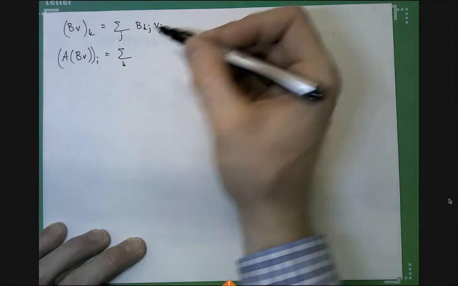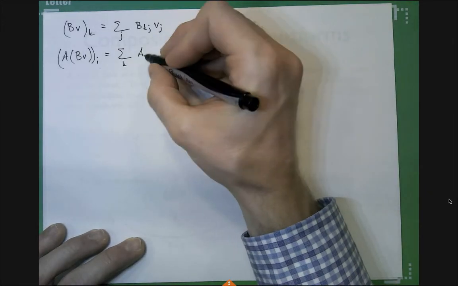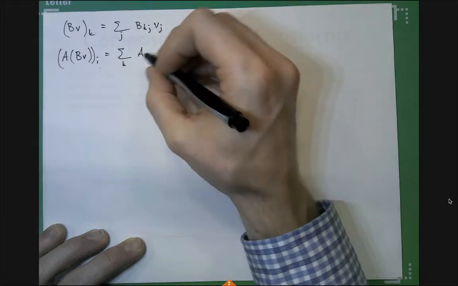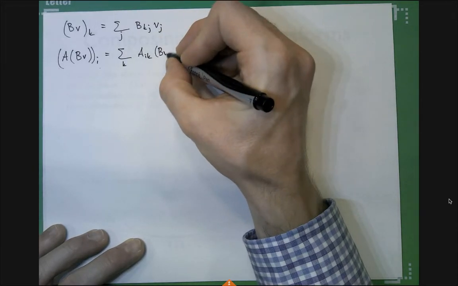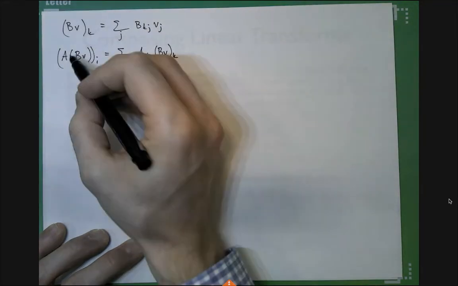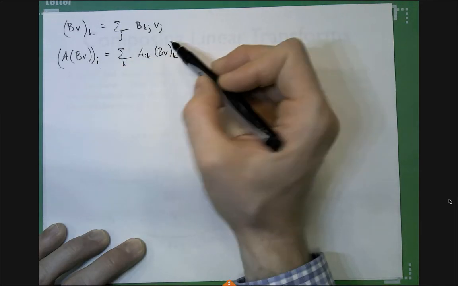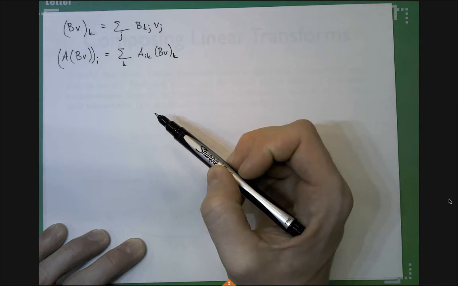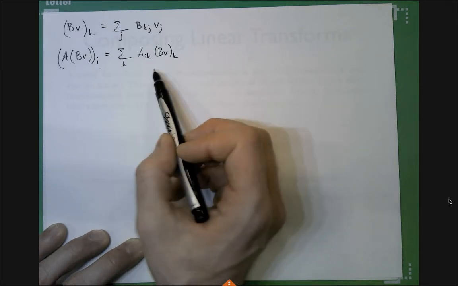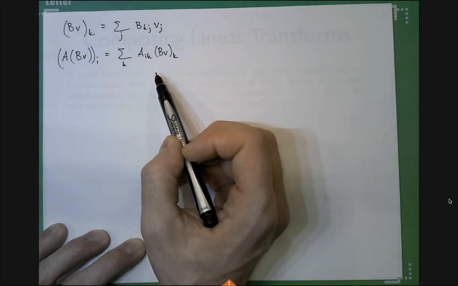Let me sum over k, and the matrix-vector product in this case looks like this. So this would be the BV k. You can just blur your eyes and assume this is some vector. Doesn't matter that it's BV at this point yet.